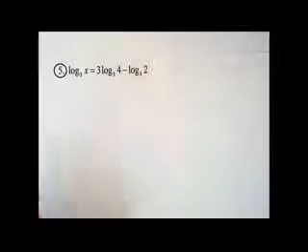Now, before I do that, remember when we talked about if you had an exponential on the left and an exponential on the right, if the bases were the same, then their exponents would be the same. Well, the same thing works for logs. So think about it.